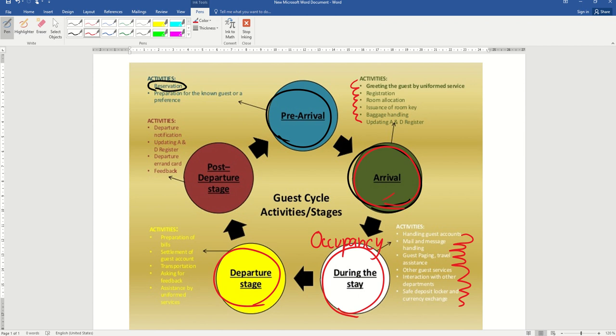Departure, bill settlement, any extra charge, check out. After leaving, post departure. Post departure, for our class, I focus on feedback.